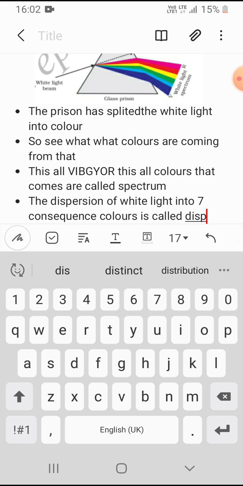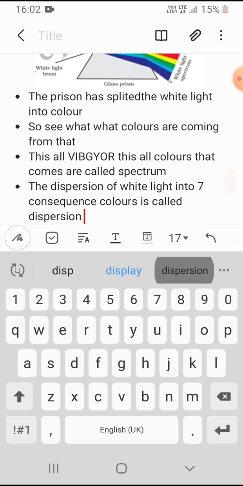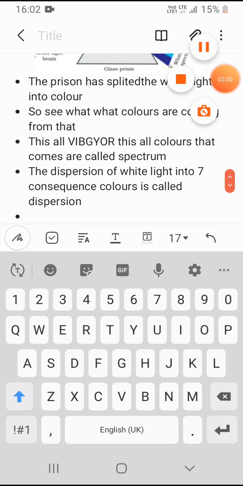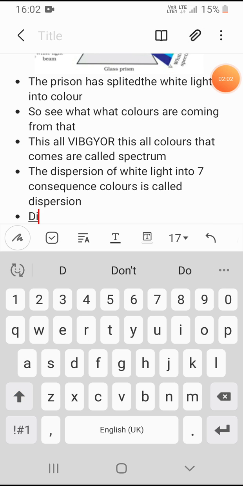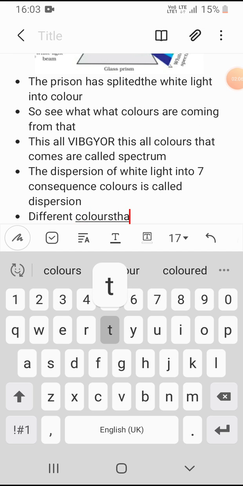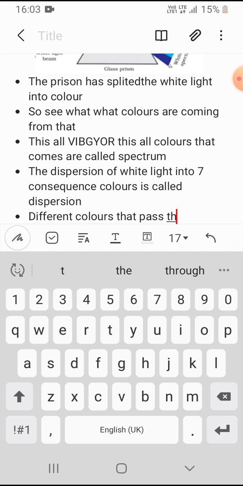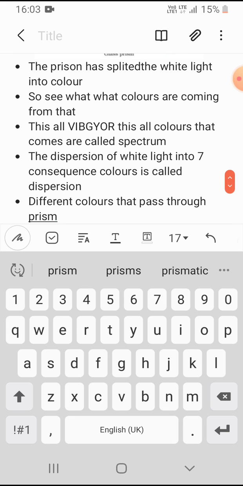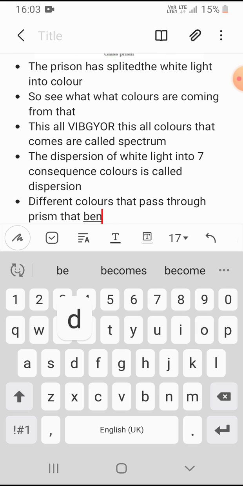The splitting of white light into 7 consecutive colors is called dispersion. They may ask dispersion for 1 mark. Different colors pass through the prism, the white light becomes different colors, and each bends a little bit.